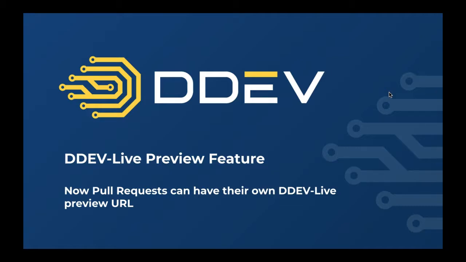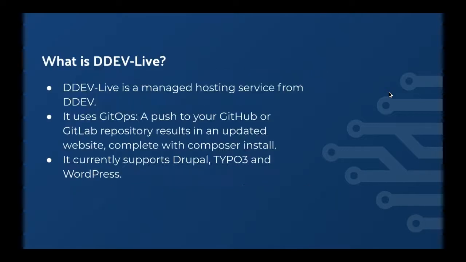So it copies your main site and makes a preview URL for it so that you can show it to colleagues, collaborators, customers, whoever you need to show it to. It's really nice. It's a full-blown site that you can access. So we're going to give that a shot.